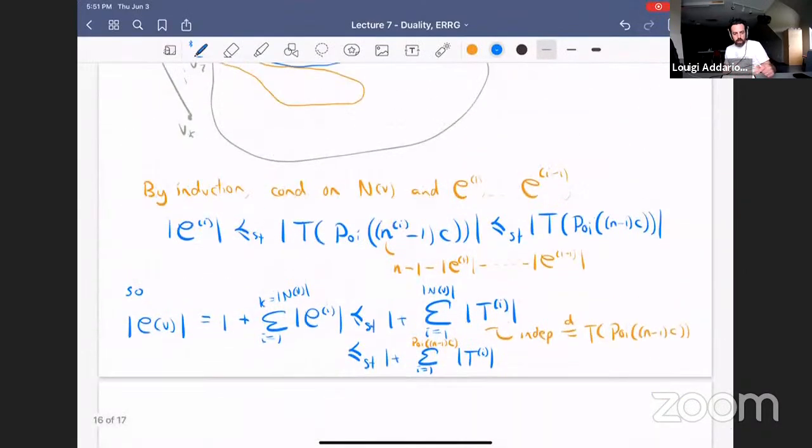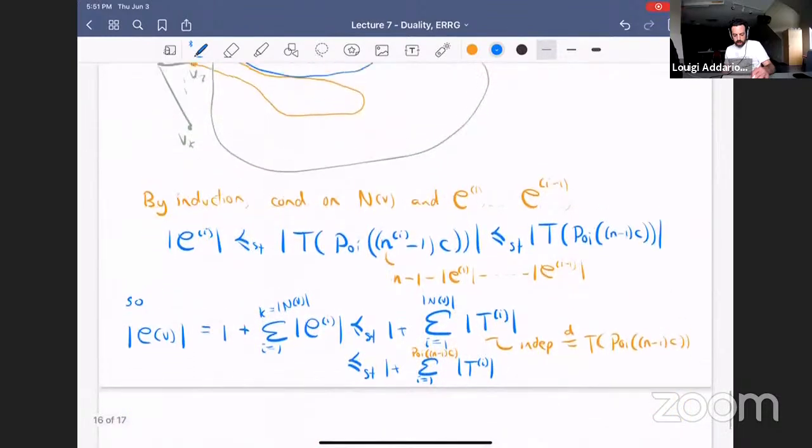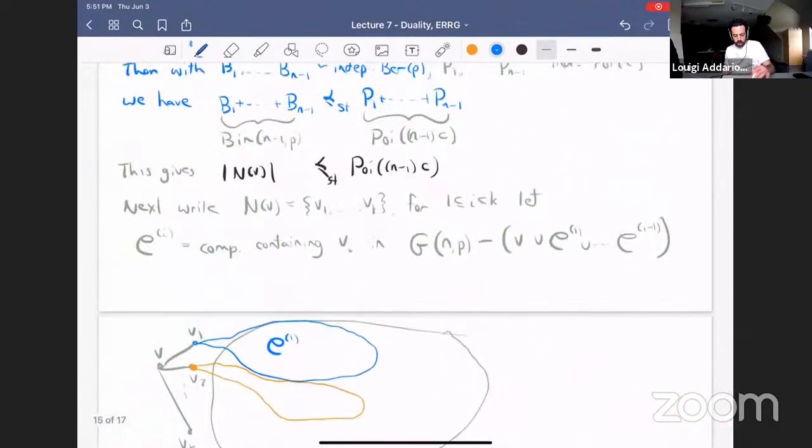Okay. Is Nv excluded from the definition of Cv? Yes, I should have done that. Yes, thanks. I could have excluded v1 up to vk taken in here.